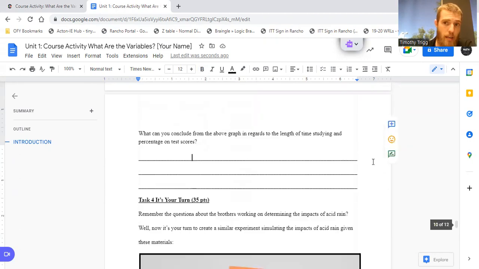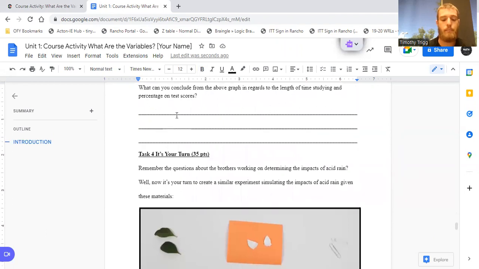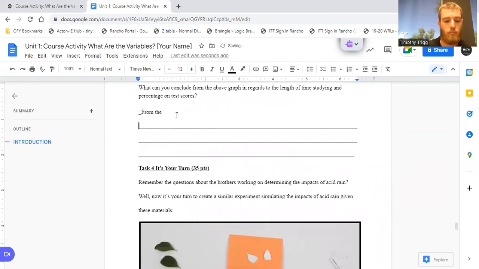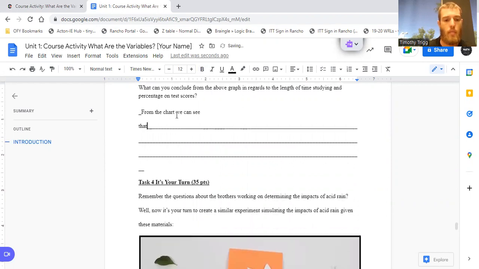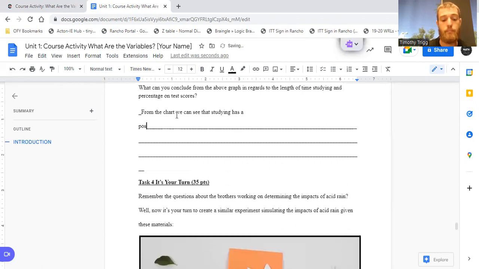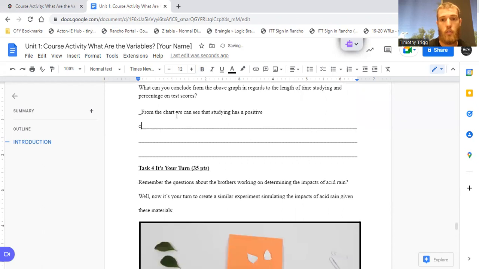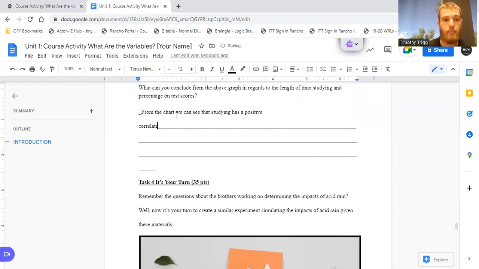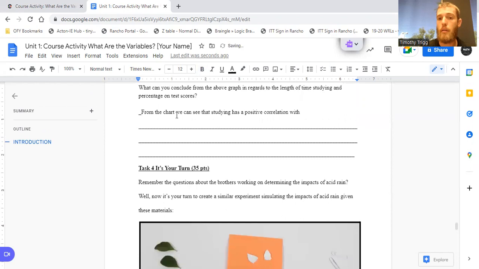So it seems from the chart that studying has a positive correlation with test score, up to a point.